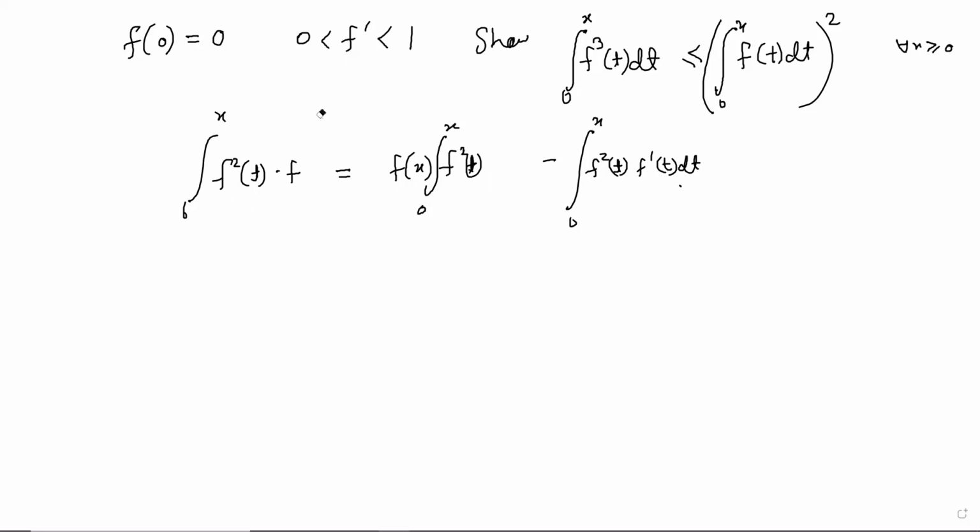No, I have already put the limits. Yeah, you have to put the limits, right? But f of 0 is 0. That's why that part is not occurring. So the whole thing is a function and you substitute x there.